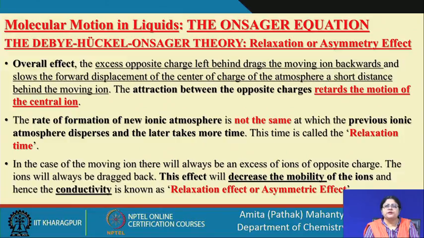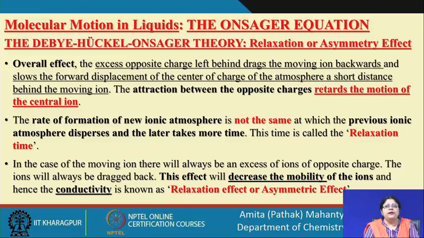There is a relaxation time involved. In the case of moving ions, there will always be an excess of ions of opposite charge, and the ions will always be dragged back. This affects the mobility of the ions and hence the conductivity. If mobility increases, conductivity increases. If mobility decreases, conductivity decreases.